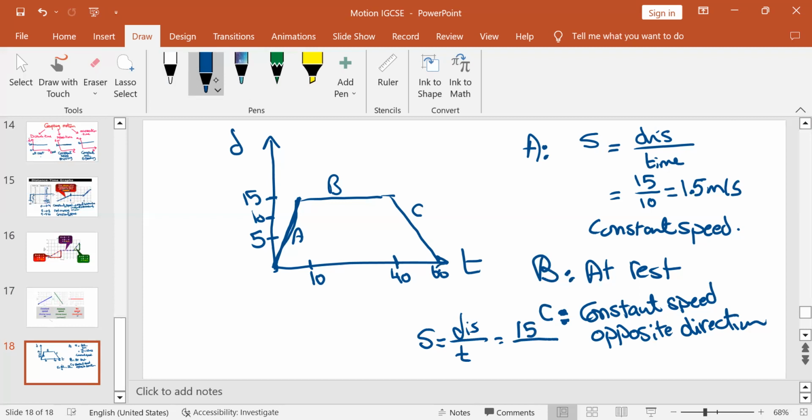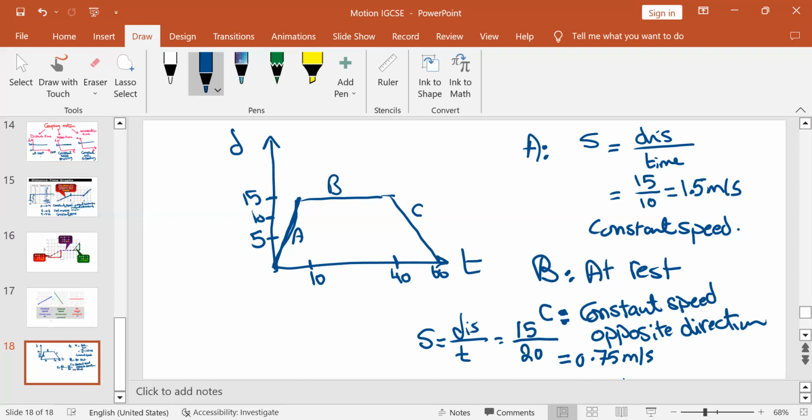So the duration here will be what? 20. Excellent. So the speed will be 0.75 meters per second. Bravo.